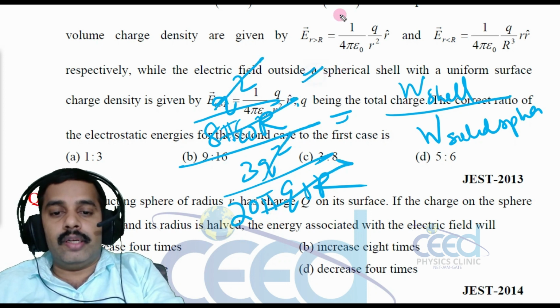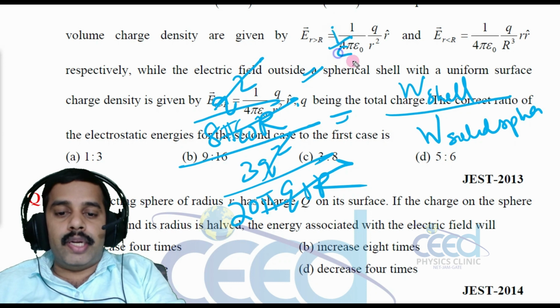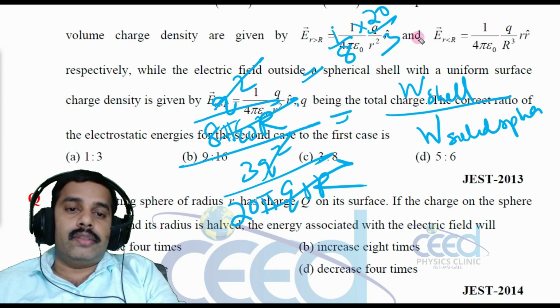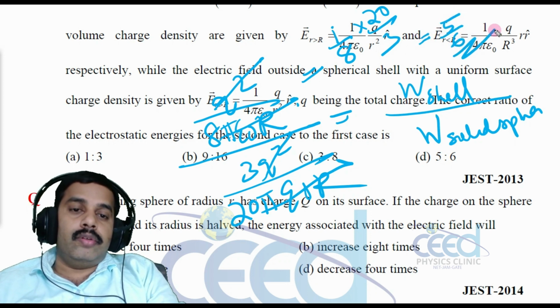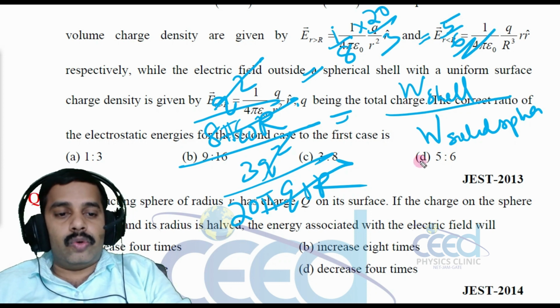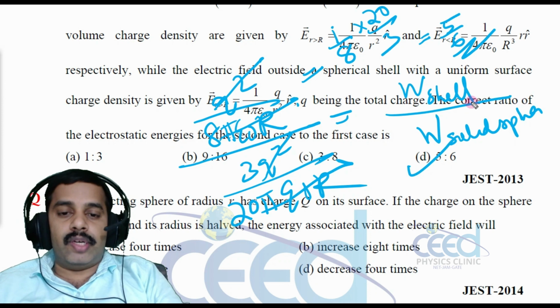So what is remaining? That is 1 by 8 into 20 by 3, so that is 5 by 6. So the option is D.